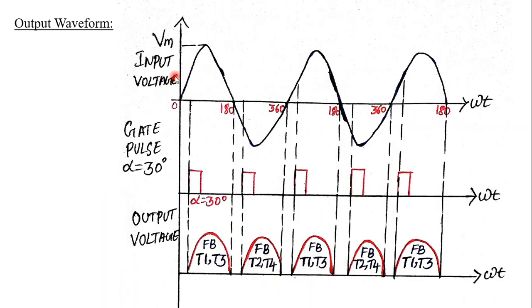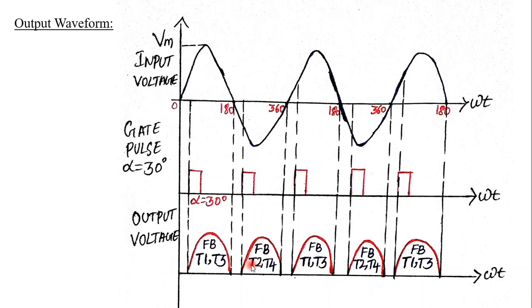Yes, we know the rectifier input is an AC supply, so here we draw the AC waveform. Here alpha is again given as 30 degrees, so every pair of switches starts conducting at alpha equal to 30 degrees. For the positive half cycle, T1 and T3 switches are forward biased, so we get the output.